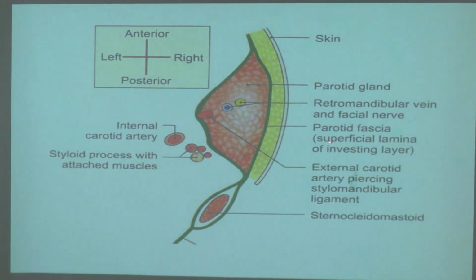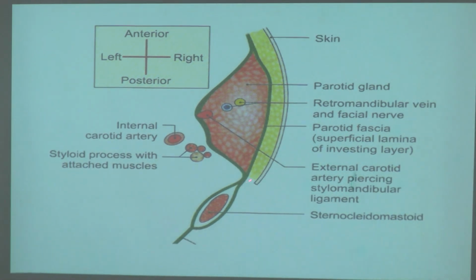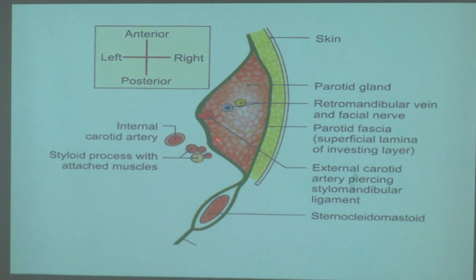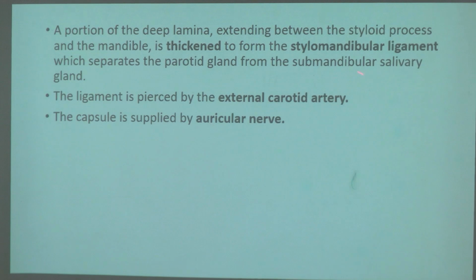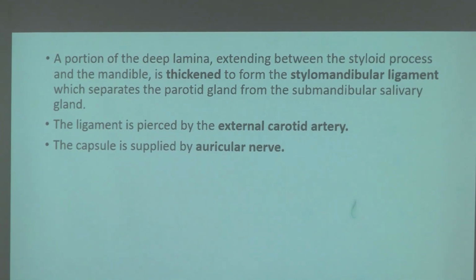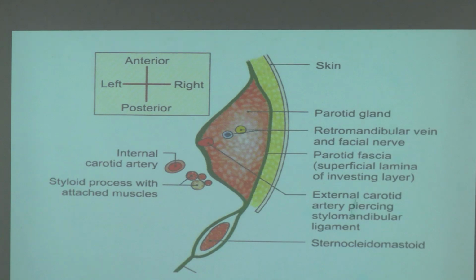The outer layer is called the superficial lamina of the investing layer, which is also known as the parotid layer, and the inner layer is called the deep lamina. Next to the deep lamina, we have the styloid process. The deep lamina, which is attached to your styloid process, is called the stylomandibular ligament. Any doubts?